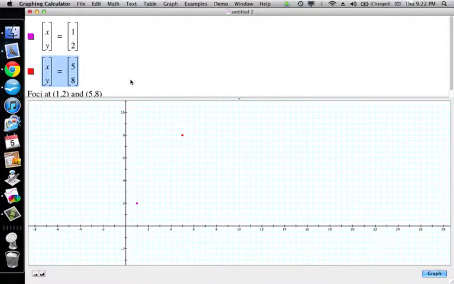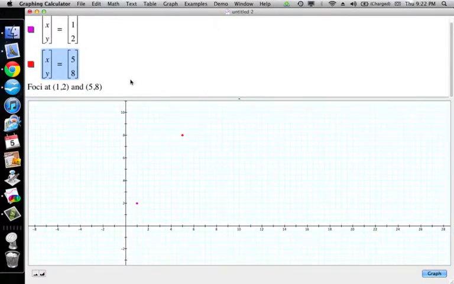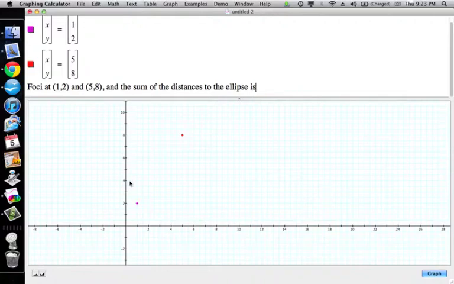So then, before I can actually get going on an ellipse, the other thing that I need is the sum of the distances to the ellipse is some value. Well, let's figure out what that distance is there.